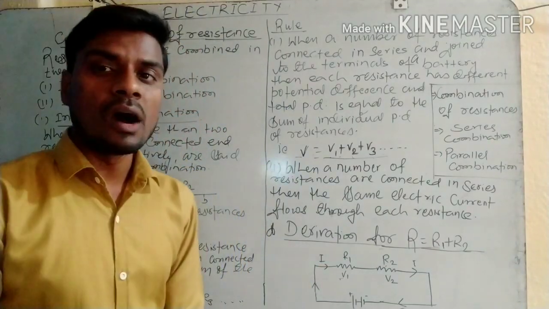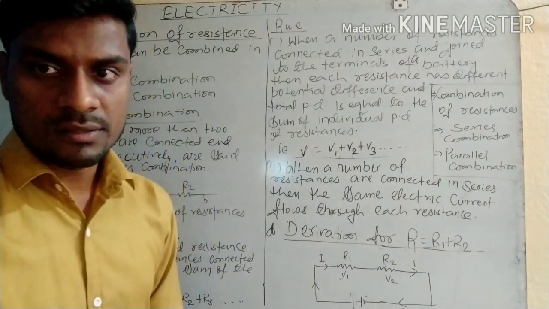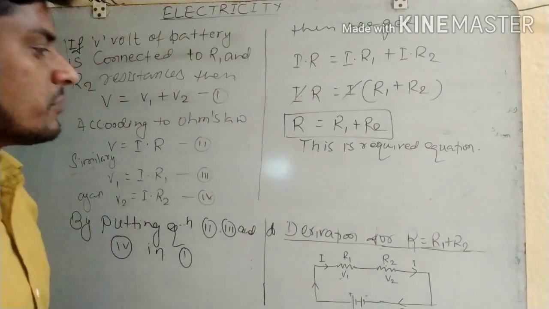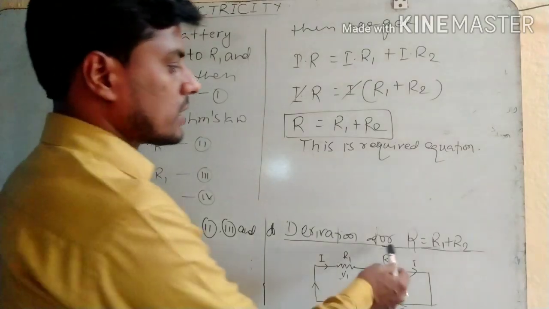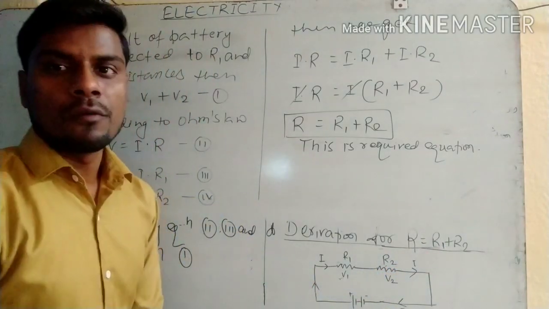Now we will see how we can prove that R is equal to R1 plus R2 plus R3. Let's see the derivation for R equal to R1 plus R2. We have to draw a figure.